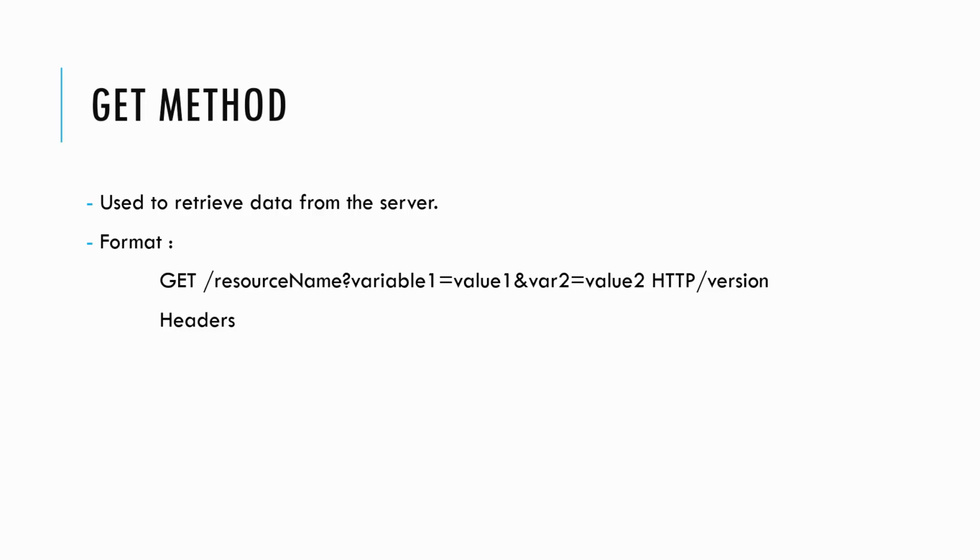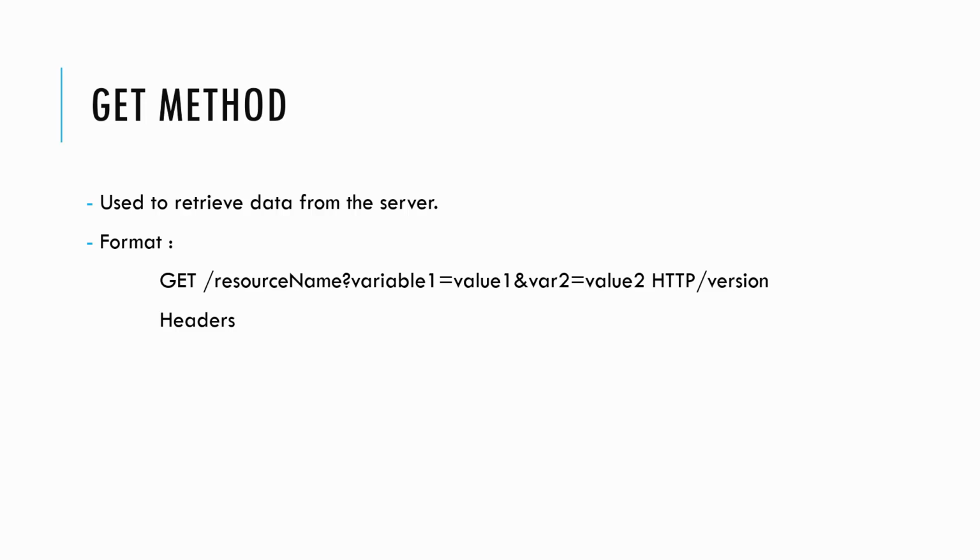As the name suggests, we are retrieving or getting the resource from the server. The format for any HTTP method is first the method name, space, resource name, space, HTTP version, and then from the next line we have all the necessary headers. The same goes for the GET method.